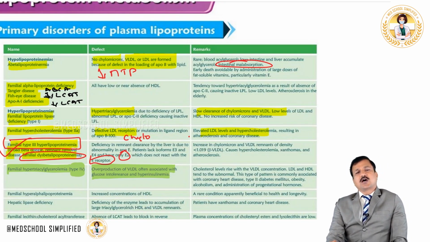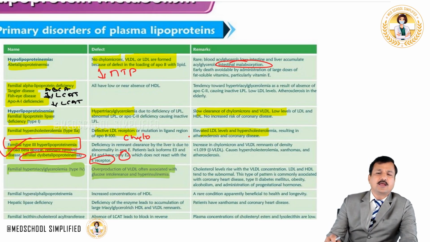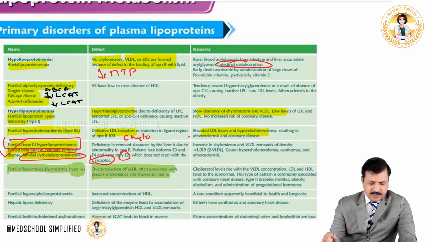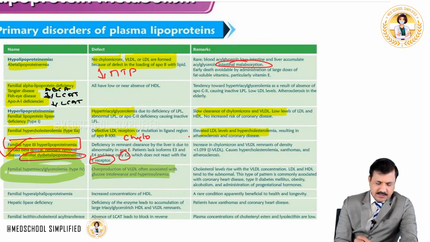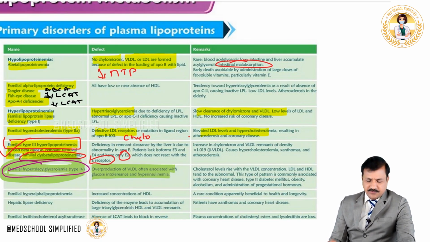That means excess carbohydrate intake giving rise to hyperglycemia, and this hyperglycemia, if accompanied by hyperinsulinemia, which is seen during obesity, overweight, glucose intolerance, diabetes mellitus, all that will give rise to this condition, which is grouped under type 4 hyperlipoproteinemia as per Fredrickson's classification here.